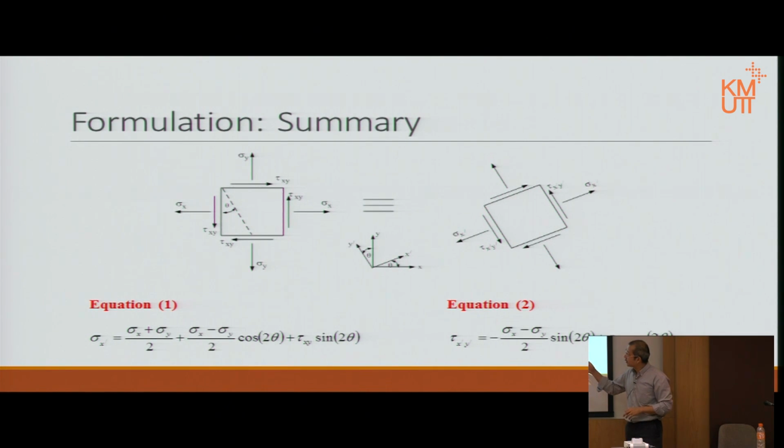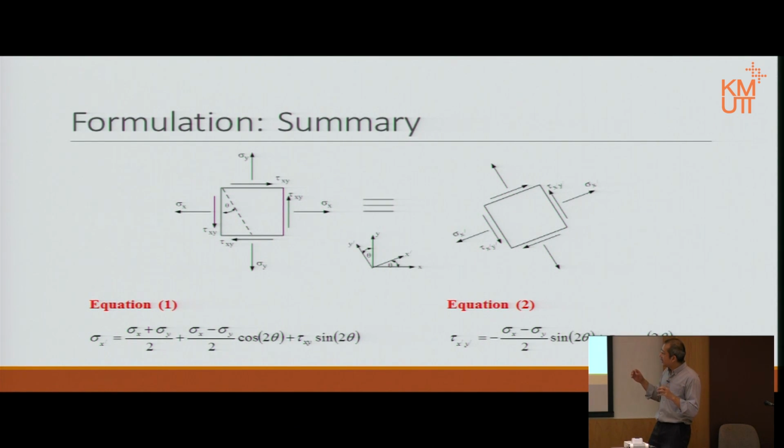One thing we should notice here is that when we turn the element, we turn only one theta, but it appears in the equation as 2 theta. The physical angle is only one theta, but it appears in the equation as 2 theta. I have to emphasize it because it will become of importance really soon.